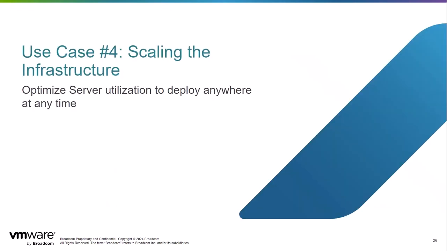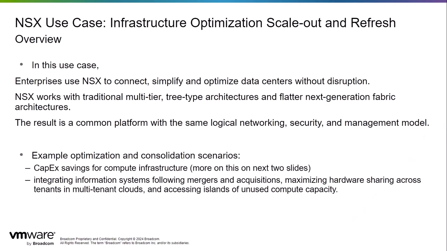Next, we'll look at the last use case 4, which will cover scaling your infrastructure, allowing you to optimize server utilization and deploy anywhere at any time. NSX allows infrastructure optimization for scale out and refresh. Enterprises use NSX to connect, simplify, and optimize data centers without causing disruptions. NSX works with traditional multi-tier, 3-tier type architectures and flatter next-gen fabric architectures.